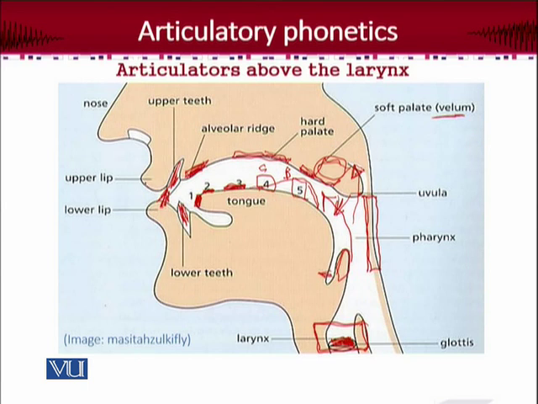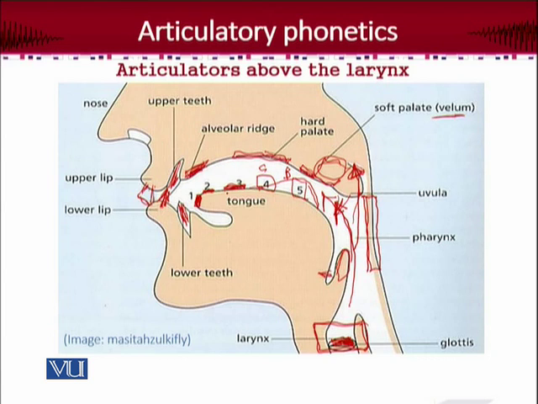And these are the lips, upper lip and lower lip. Okay, so they also come together. They are close together for bilabial sounds like p and m, when they touch each other and the air pressure is blocked. So the air can go from the larynx to the oral cavity, and it can also go to the nasal cavity when the velum is down, right?